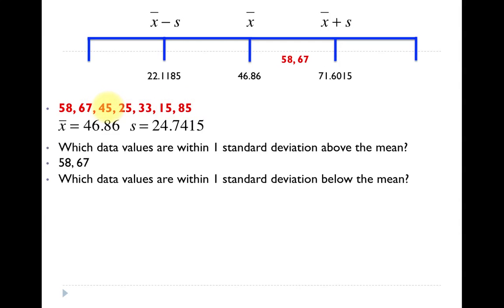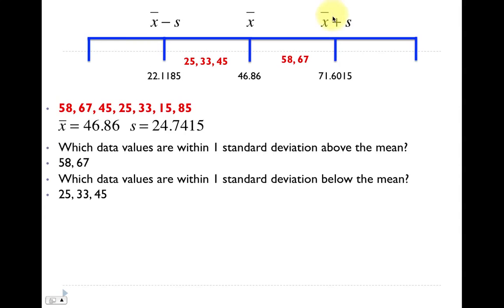So 45 does, 25 does, 33 does. So those three data values fall between 22.1185 and 46.86.